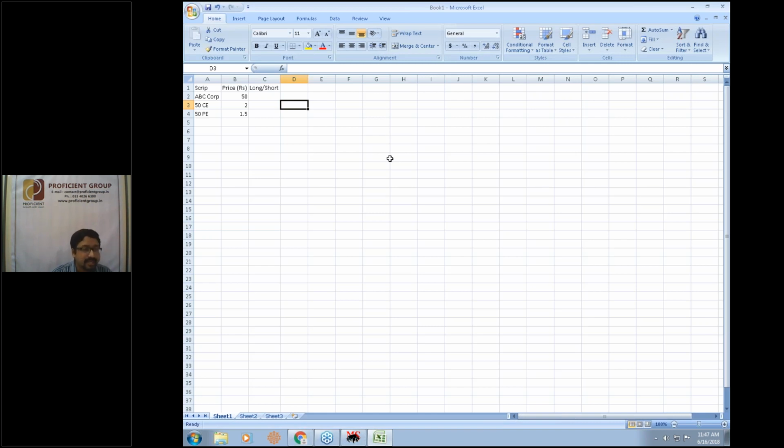We will just buy the future at ₹50, and we will also buy the put at ₹1.5, and we will sell the ₹50 strike call at ₹2. If we can do all these things, then there is a guarantee that we will get 50 paise profit from this position.